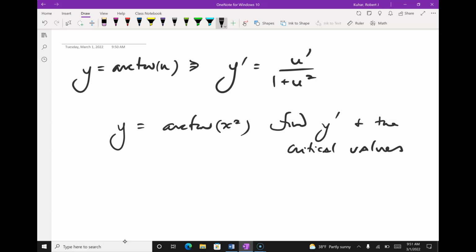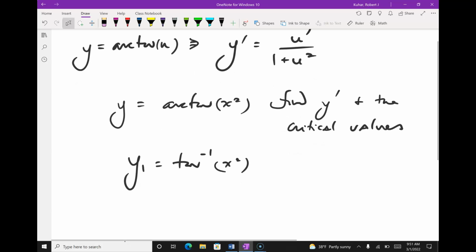First thing I like to do here is graph this, because I'm not that familiar with the arctan function. On my calculator, I would do y1 equals tan inverse of x squared. There's a tan inverse button directly above your tan button.